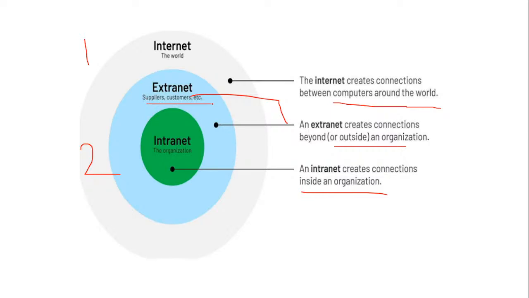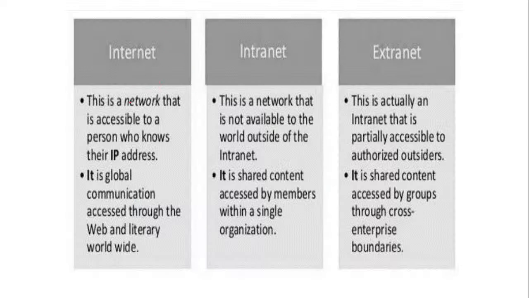Now, if you are still not clear: internet is a network that is accessible to a person who knows the IP address. Intranet is a network not available to the outside world; it is only available to the people within the organization. Extranet is actually an intranet that is partially accessible to authorized outsiders.